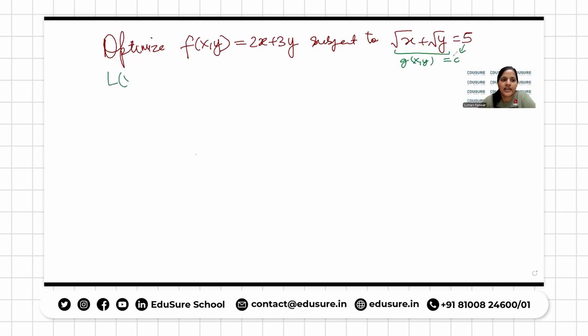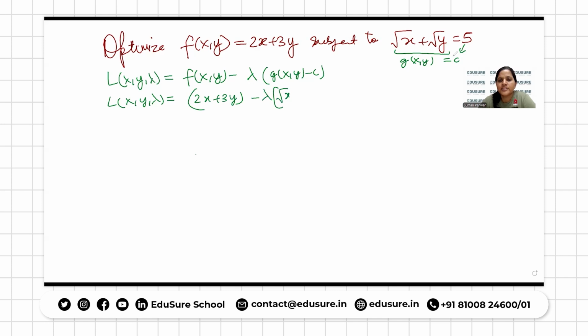So the Lagrange function should be written as f(x,y) minus lambda times g(x,y) minus c. Over here, it will become 2x plus 3y minus lambda times root x plus root y minus 5.